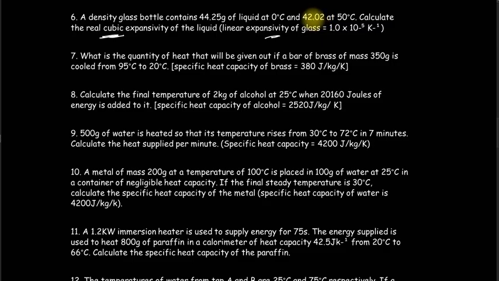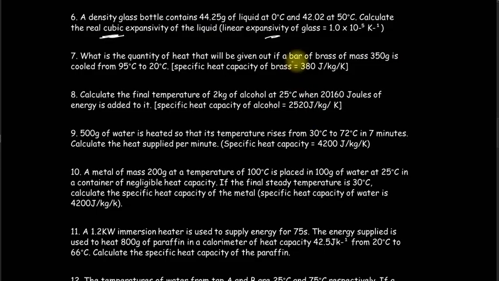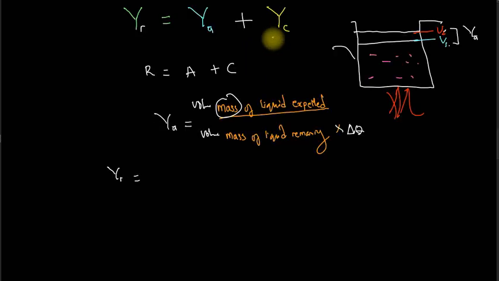It means that some of the liquid has been lost, right? That's the mass expelled from our formula here, the mass of liquid expelled. So to calculate that, we have to subtract: 44.25 minus 42.02, all over the mass remaining.